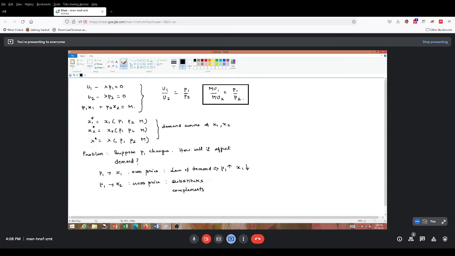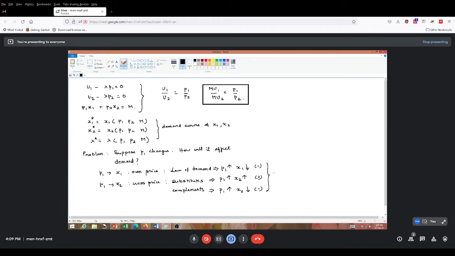If they are substitutes, then an increase in P1 means that X2 is going to go up, and if they are complements, then an increase in price means that X2 will decrease. So this is a positive relation, this is negative, and you know that the own price effect is negative. This is something that we know.